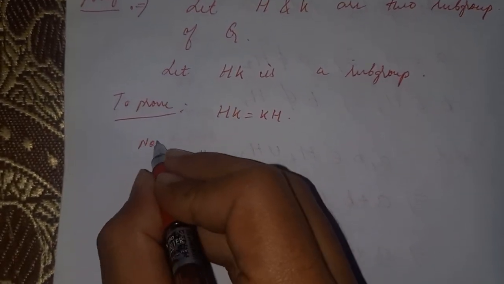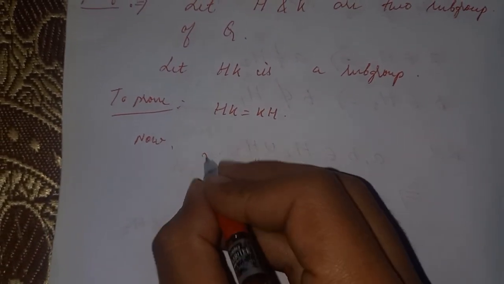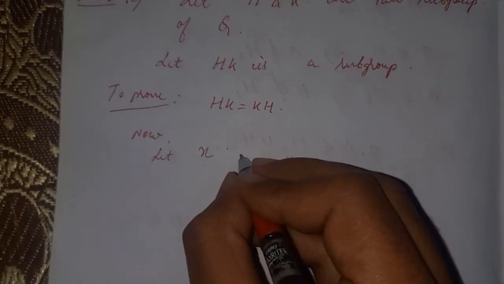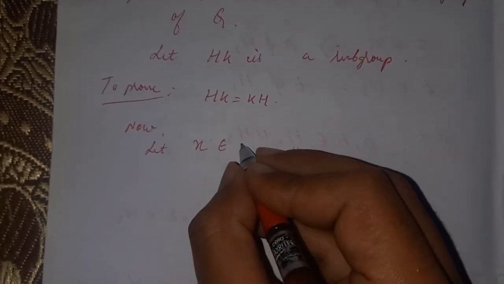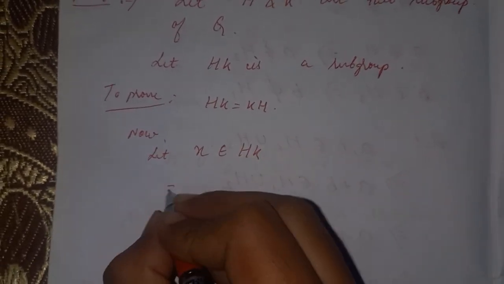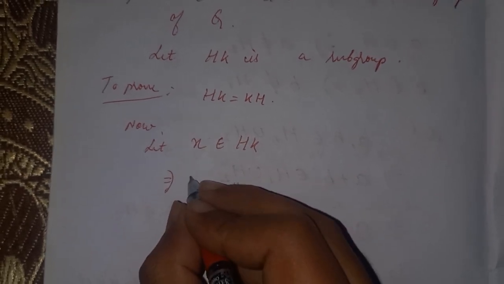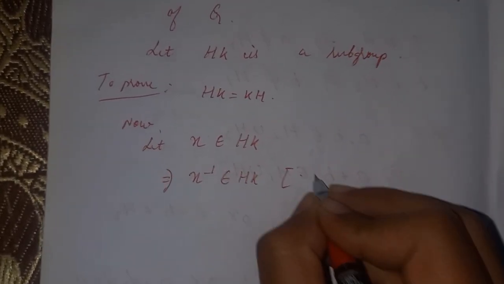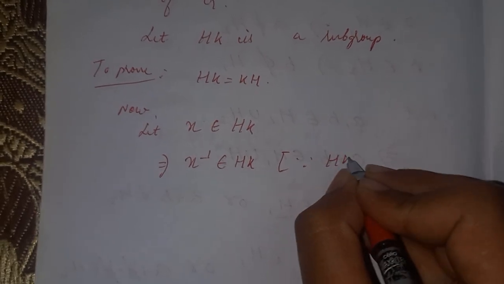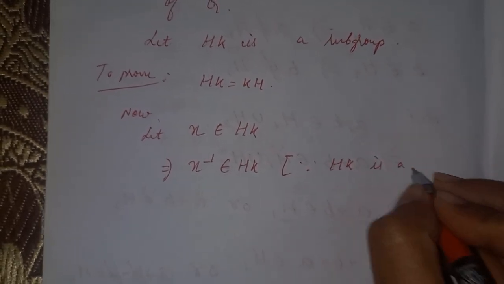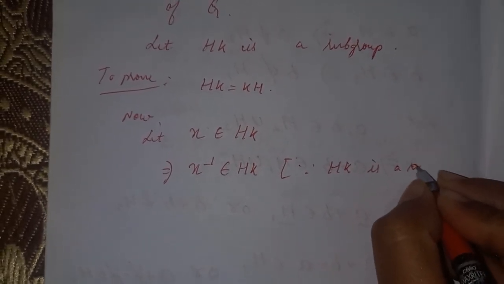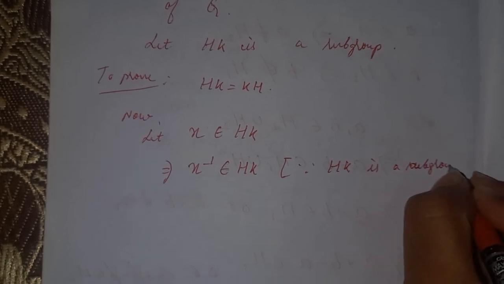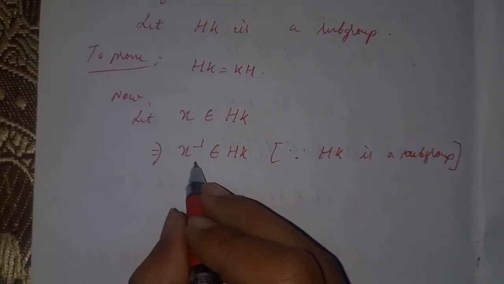So now let's suppose x belongs to HK. Then x inverse will also belong to HK, since HK is a subgroup, so it will also contain the inverse element.